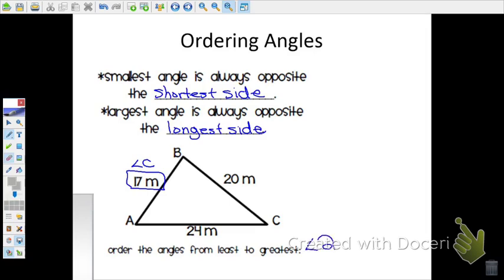Angle C. Then as I get bigger, the next one would be the 20 meters, BC, opposite is angle A. And then I'm left with angle B. So again, I can't say the size of the angles, but I can put them in order from least to greatest, or from greatest to least. So we always need to read carefully so we get them in the correct order. Okay?